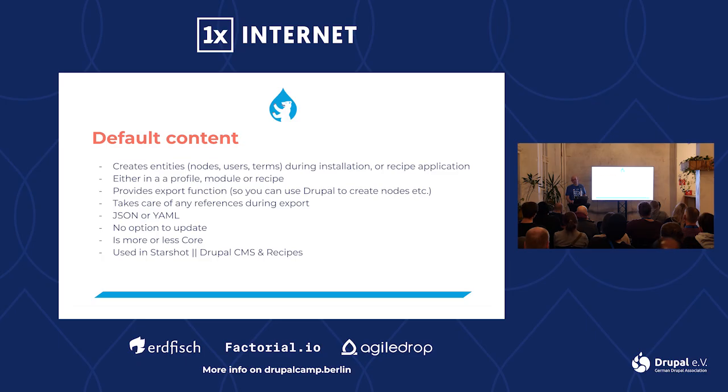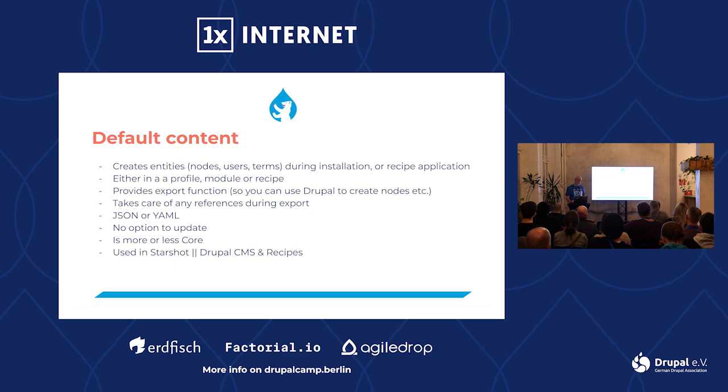It does have an export function. So in this case, you can go into Drupal, create your content there, use the export, and it provides you with some JSON or YAML files. You can save these, so you don't need to do it all by hand. You can also let other people do it for you.